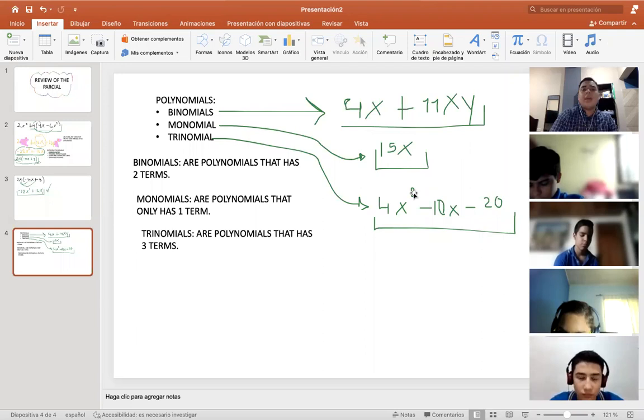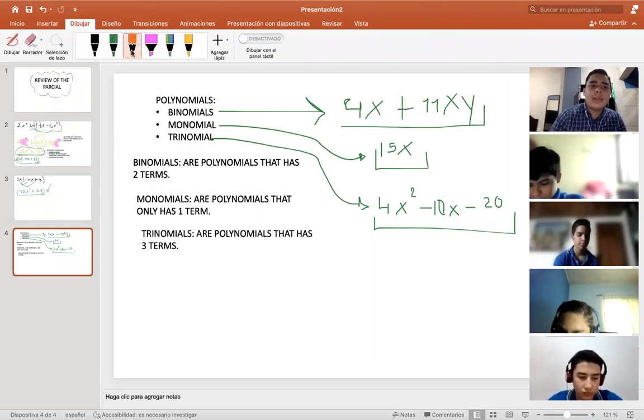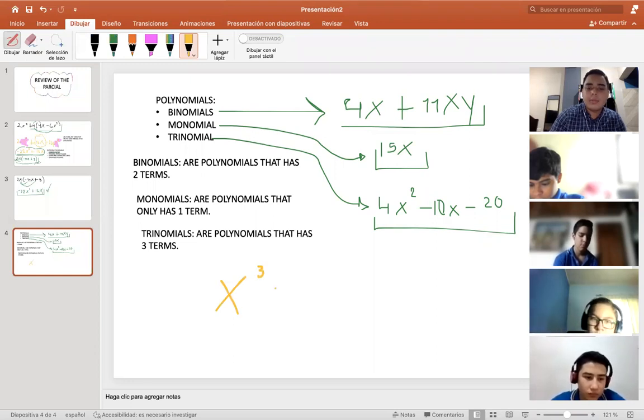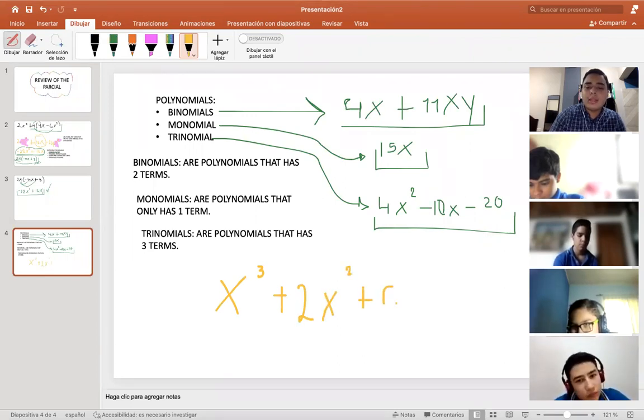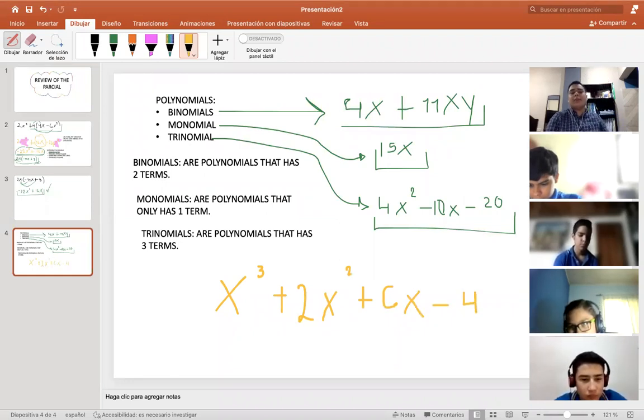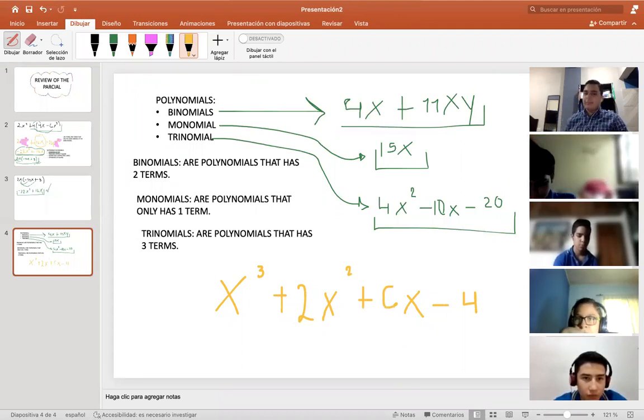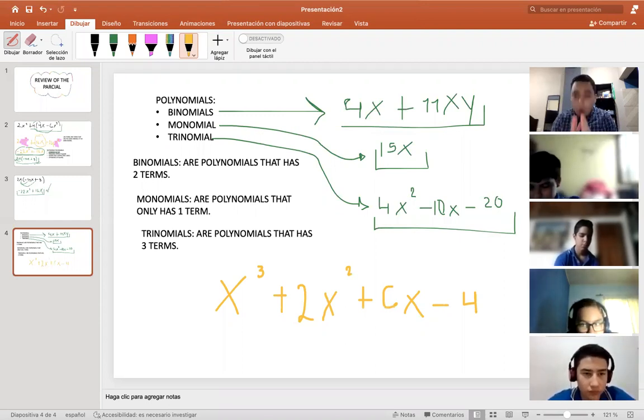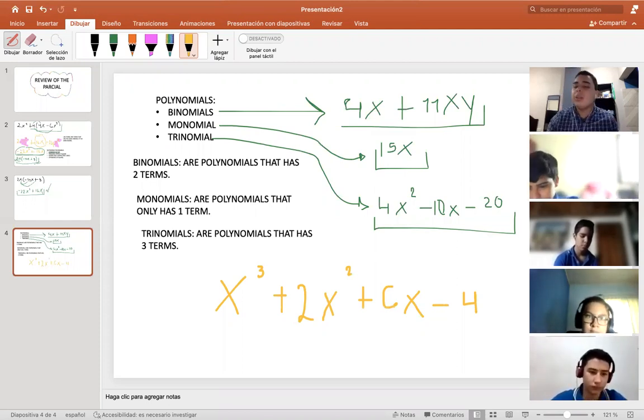But what happens, maybe you can ask, if we have a polynomial with 4 terms? Something like this. How can we call this? A trinomial? A quadrinomial? Polynomial. Yes, a polynomial. When we have more than 3 terms, we just call them polynomials.